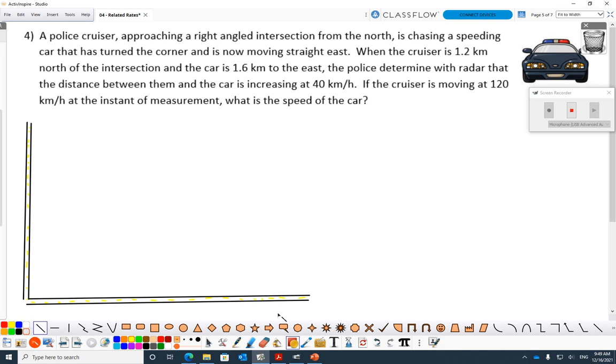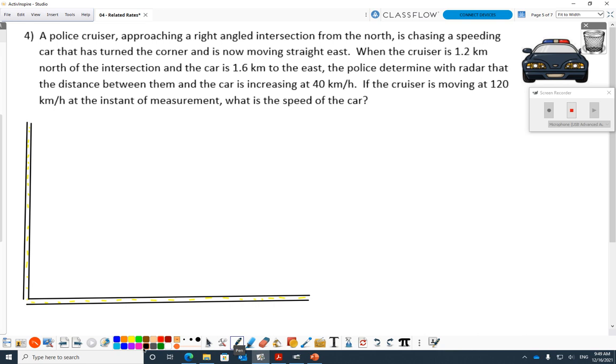All right, so a police cruiser approaching a right-angled intersection from the north. So here's the police cruiser. Now you get to see if I'm any good at drawing things, and you're going to find out I'm really not. Police cruiser coming up. Looks like a little spaceship.